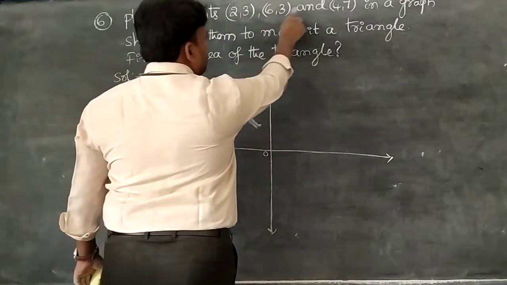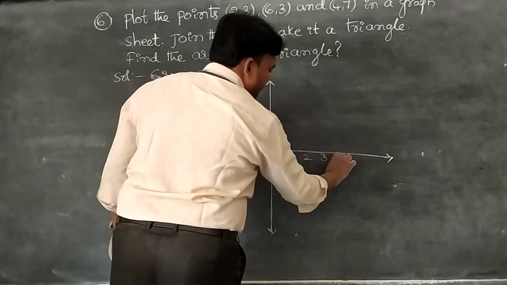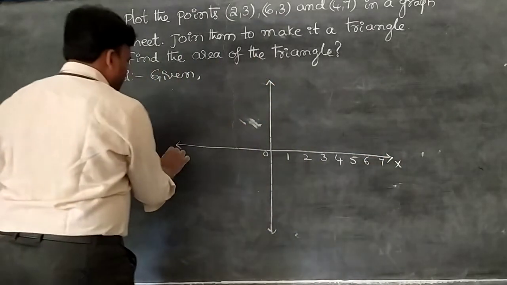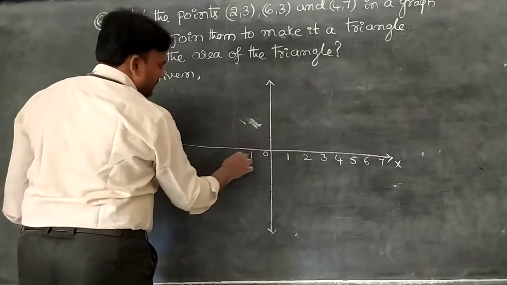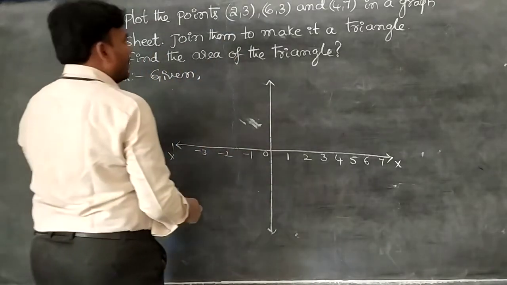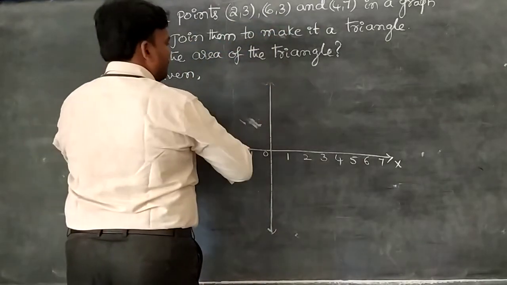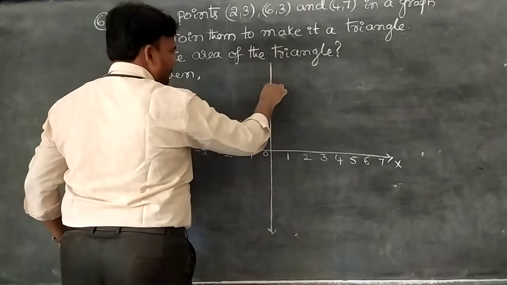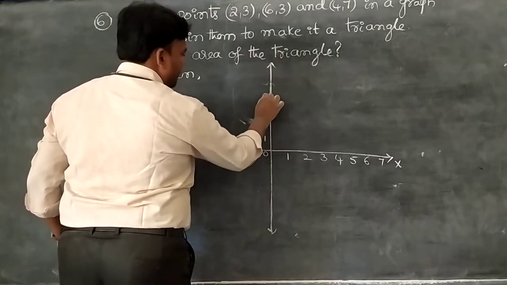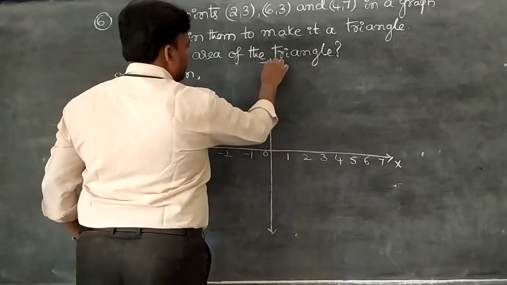X value is maximum 6, students. So 1, 2, 3, 4, 5, 6 and also 7. On X', X dash, here limited, taken -1, -2, minus. Here no negative values. And upward, Y value is maximum 7. Yes, extension up to the top. 1, 2, 3, 4, 5, 6, 7 also. Up to there.